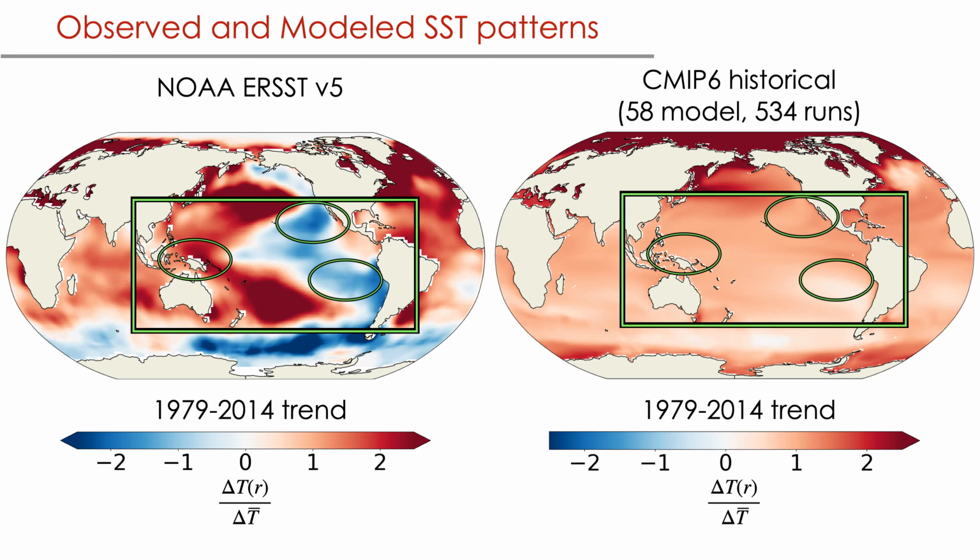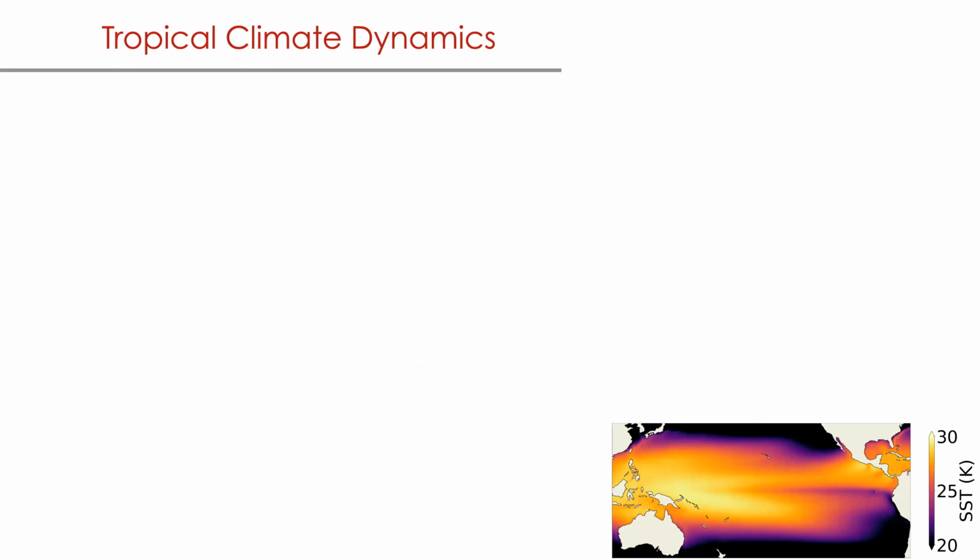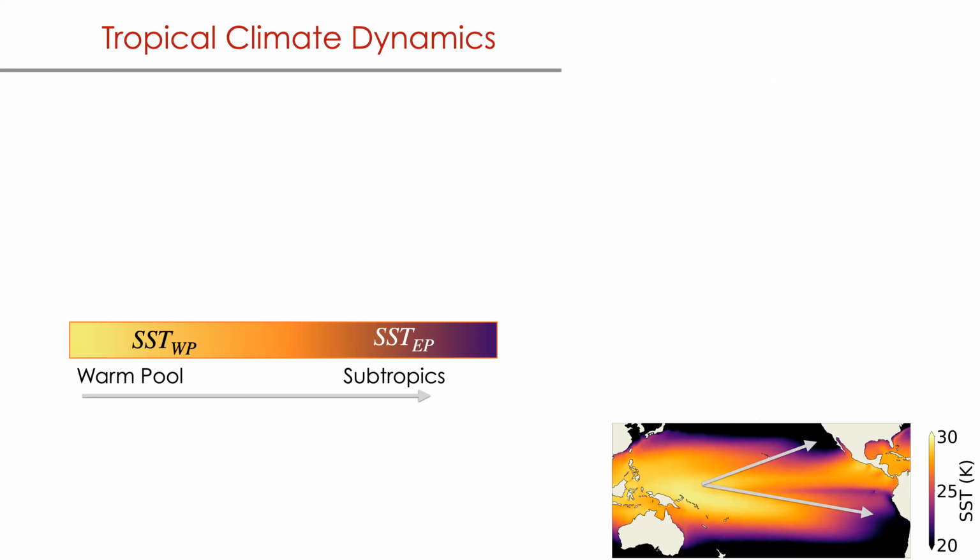To get us situated, we're going to do a quick review of tropical climate dynamics. So this is a map of climatological SSTs in the tropical Pacific. And we're going to be looking at a vertical transect going from the warm West Pacific warm pool into the colder East Pacific subtropics.